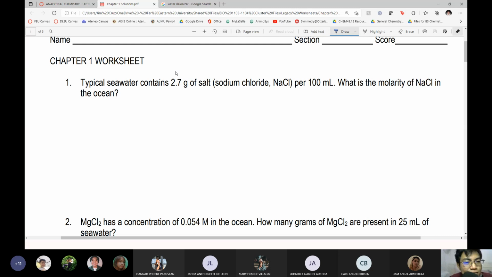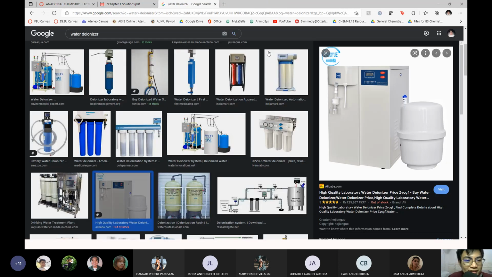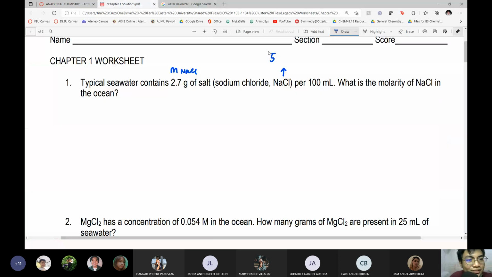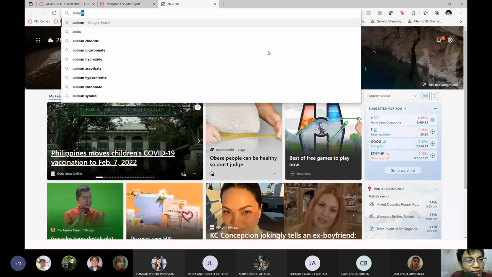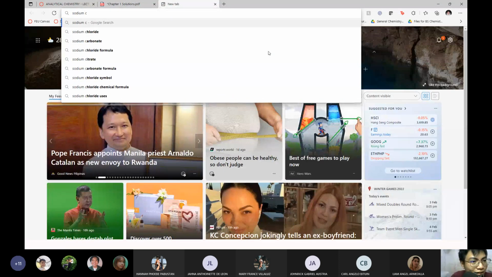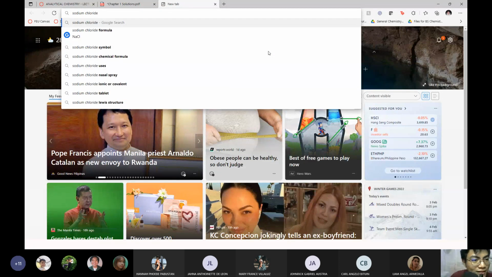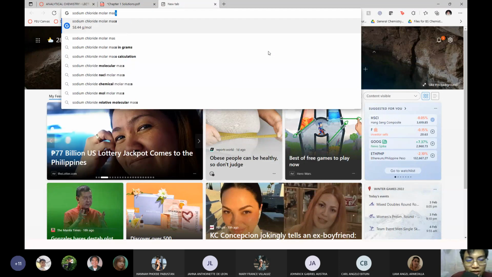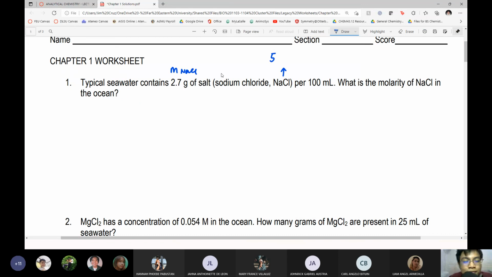Okay, so the mass is this one, NaCl. The molar mass is 58.44 grams per mole. And this is the volume of the solution in ml.